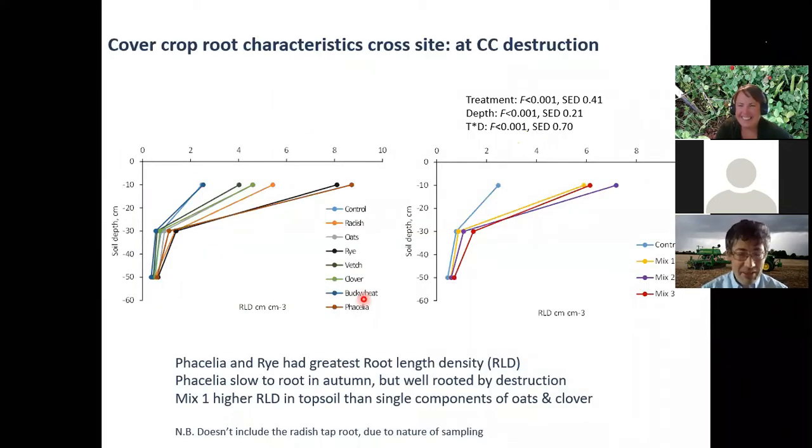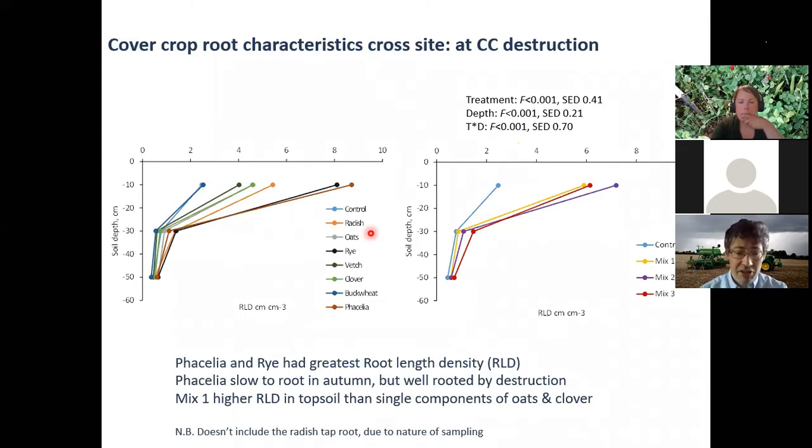If my slides move on to the next screen, which I hope they do, here we go, there's some different root growth through the profile of the soil. The y-axis is the depth of the profile of the soil, and these are different root structures of the different species. Particularly Phacelia and rye, this was measured at crop destruction, so it had about 6 months in the ground.